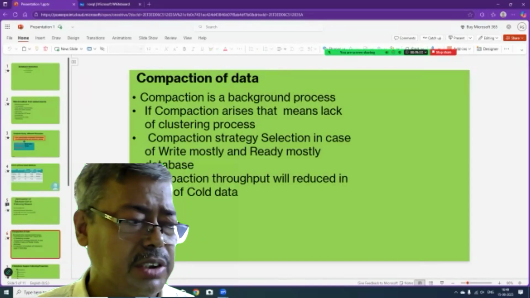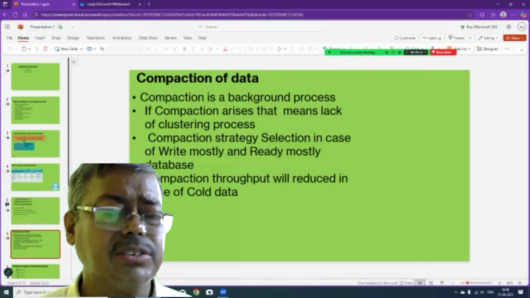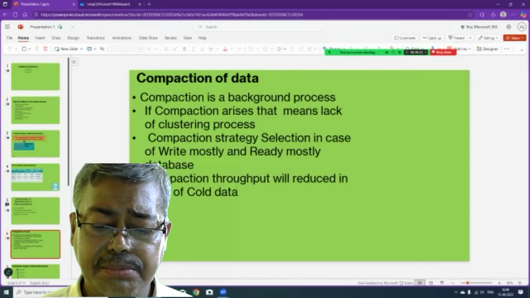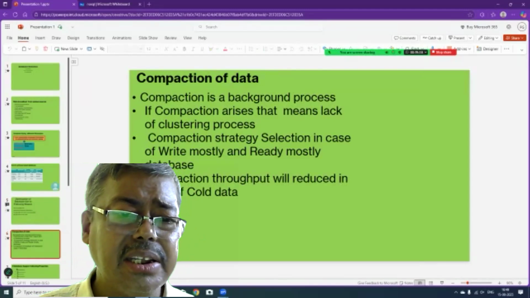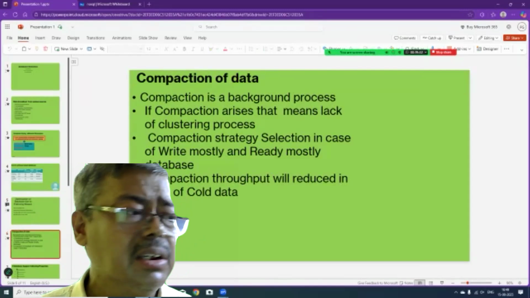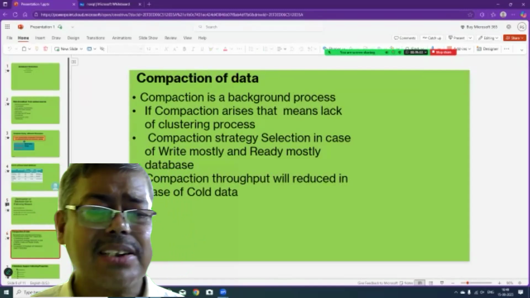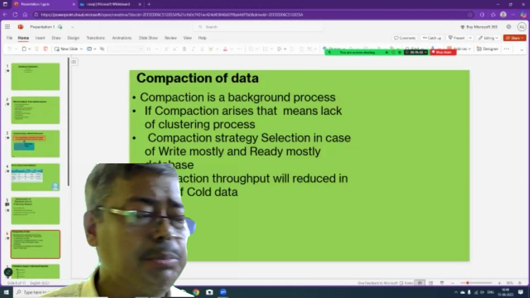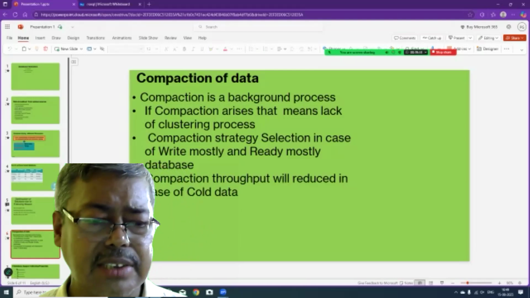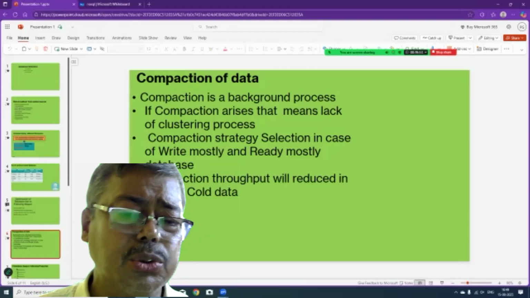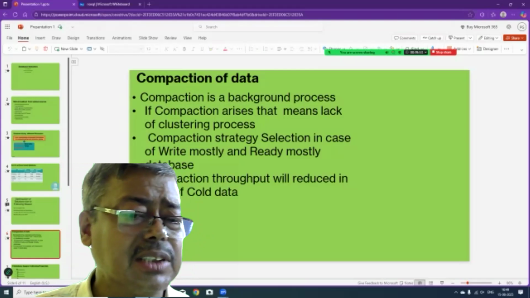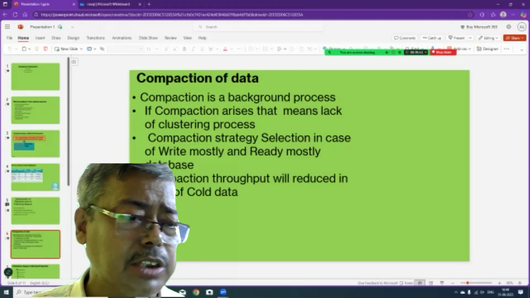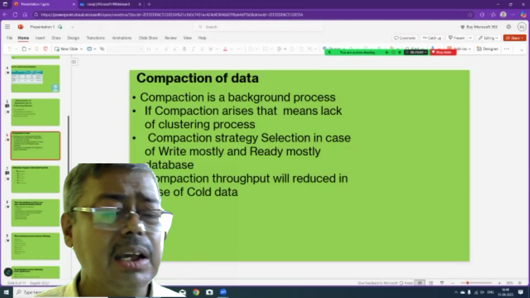Compaction is a background process that is always going on, and it is mainly a network issue. Compaction strategy selection differs for write-mostly and read-mostly databases, which we have already discussed. Compaction throughput will reduce in the case of cold data, so we also have to avoid cold data.